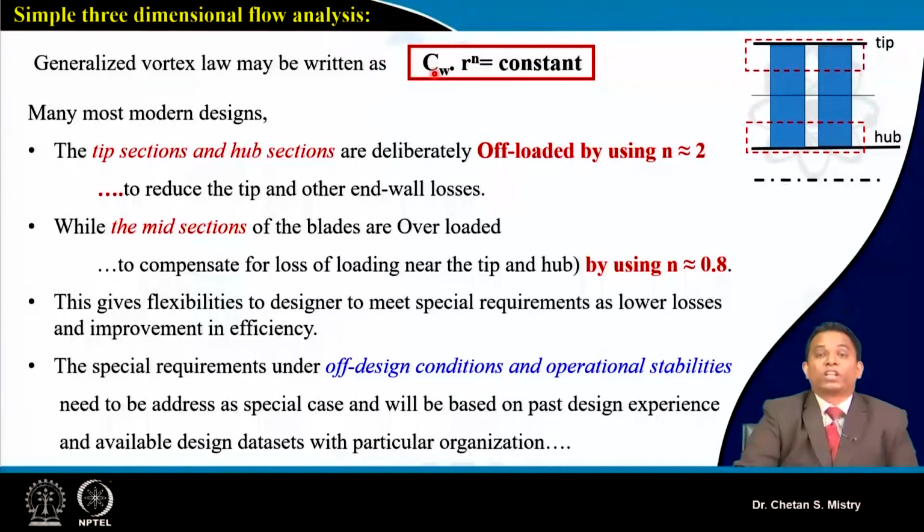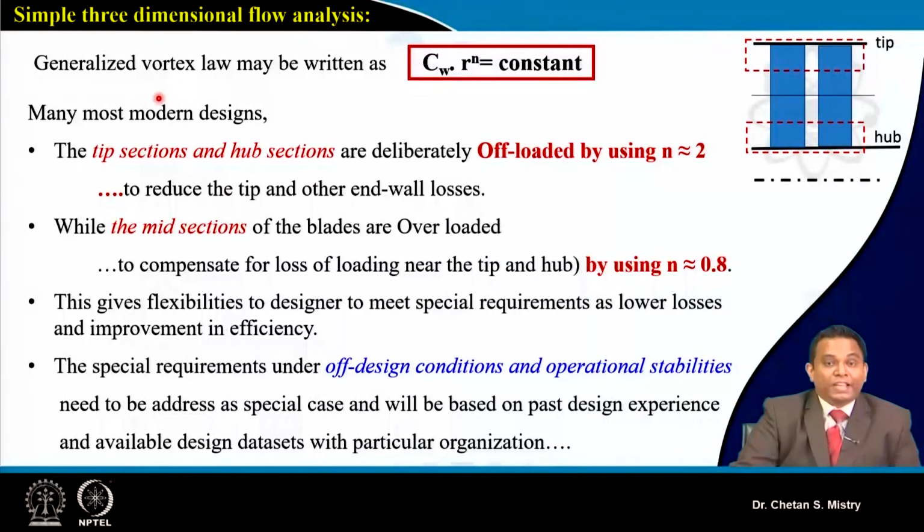If I know Cw and Rm, I can calculate that constant. Then, if my design is a free vortex design, I can calculate how Cw varies along my span, because I will be changing the value of R.